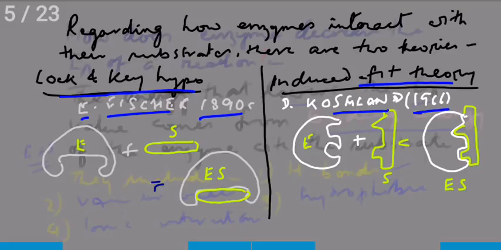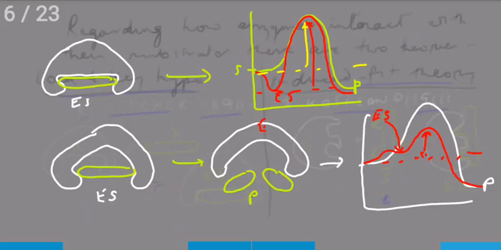The induced fit hypothesis says that the enzyme active site is initially not exactly the same as the interacting sites of the substrate, but when the substrate is allowed to interact, the active site is induced to change its conformation so that it fits well with the substrate. But the problem with these theories lies in the fact that if an enzyme has an exactly fitting site with the substrate, then it will form a structure like this.